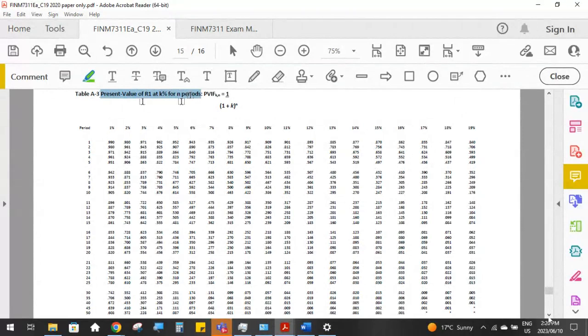So always make sure you know the headings of your tables, and we have got a WACC of 15%, and for 1 period through to these 5 periods here. Okay, so here are our values that we want.